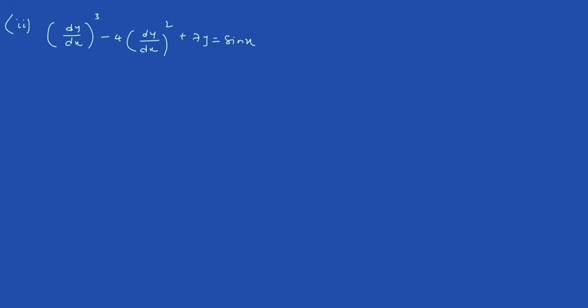In the second case, if you write it in standard form again: (dy by dx) whole cube minus 4 times (dy by dx) whole square plus 7y minus sin x, which is equal to 0. So here, what is the highest order derivative present in the differential equation?